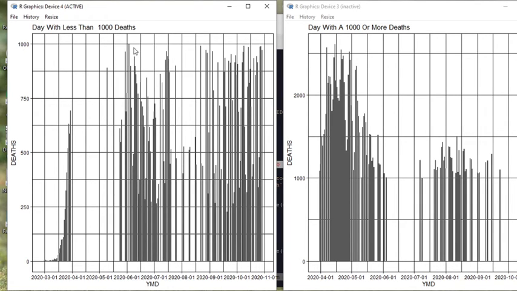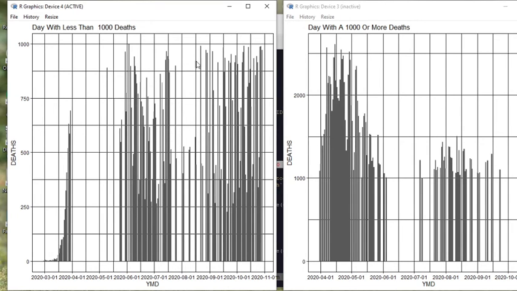But as you can see over here, this is all the days with less than 1,000 deaths, and we still have quite a few deaths between say 500 and 999. But the main thing is this: look at all the gaps as we move forward, which means that the deaths were less than 1,000.